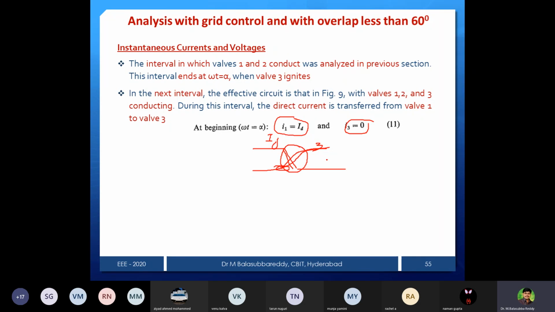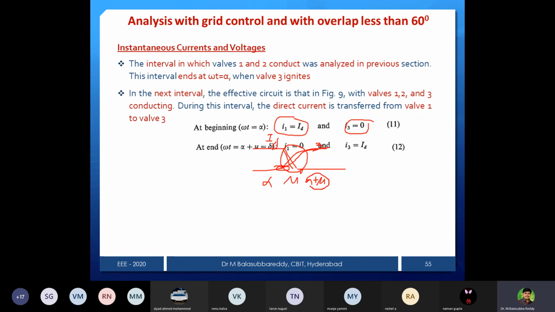And now you are in the overlap period. After completion of the overlap period, you can notice that the overlap period is alpha plus mu. For simplicity, let delta be equal to alpha plus mu. This is the interval of mu. This is alpha, and this point I can write as alpha plus mu.